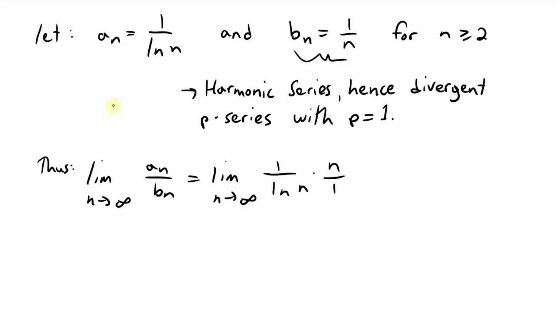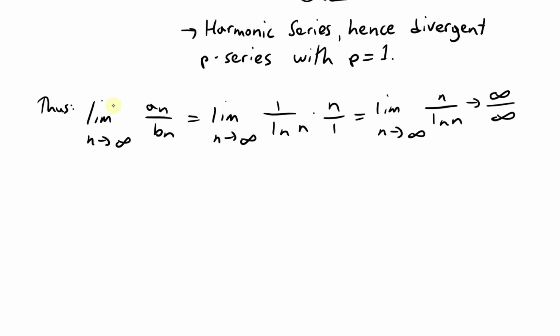Now what we get is the limit as n approaches infinity of n over ln n. As n approaches infinity, that's infinity over infinity, so we can apply L'Hopital's rule.